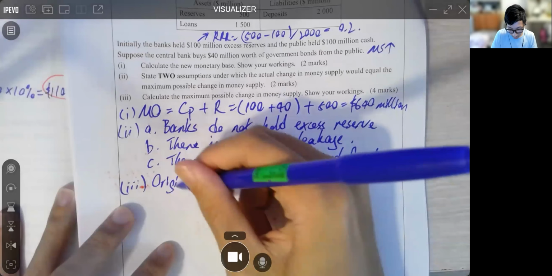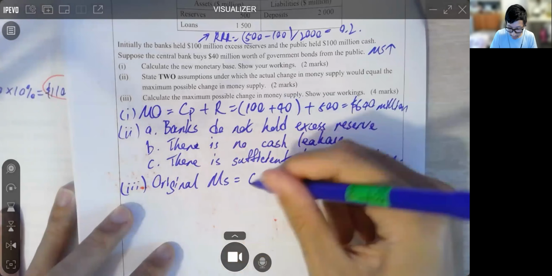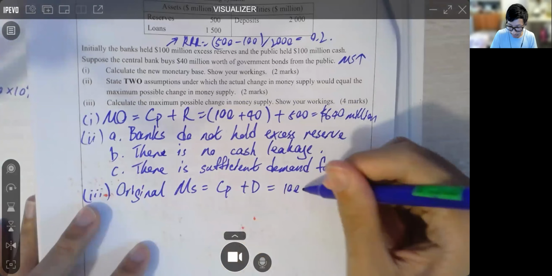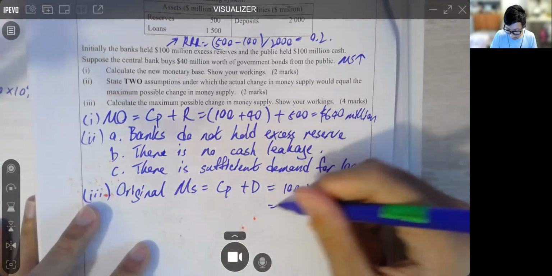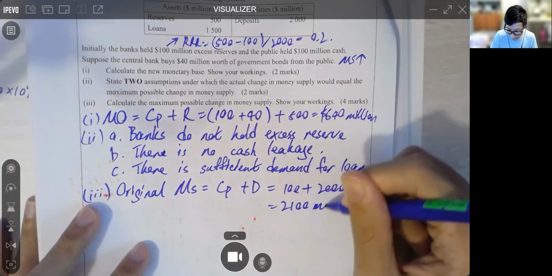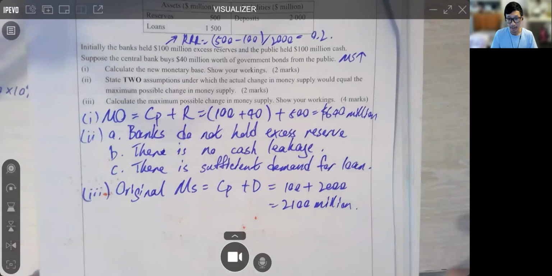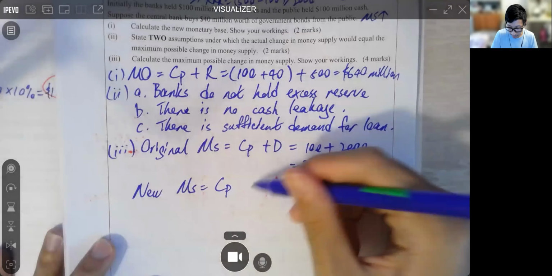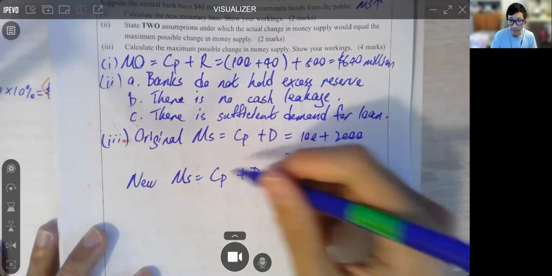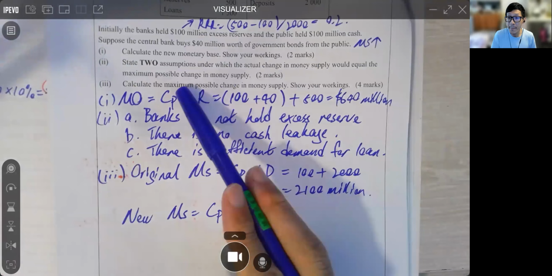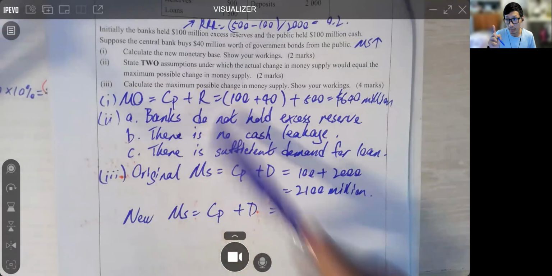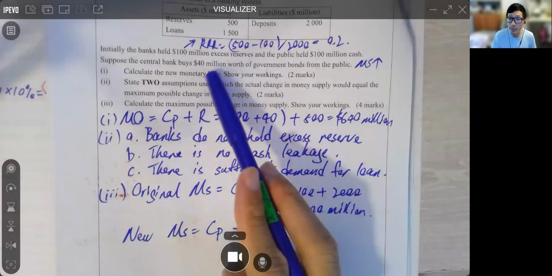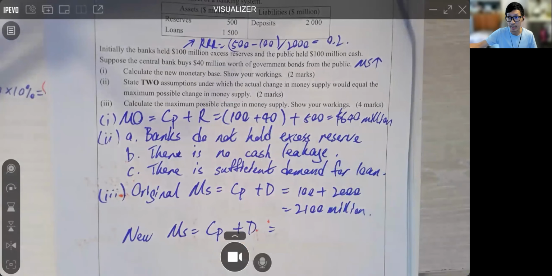Finally, calculate the maximum possible change in money supply. Original money supply is CP plus D, which in our case would be 100 plus 2000. That will be 2100 million. Now new money supply will be CP plus D. Since it's the maximum possible change, this 40 million will be put into the banks, because of no cash leakage.